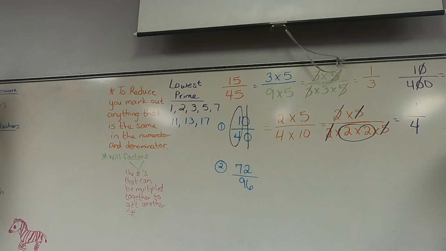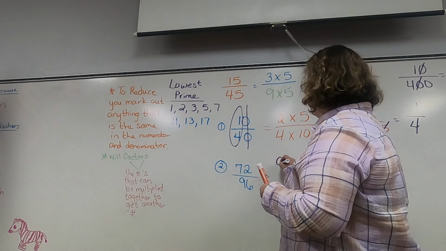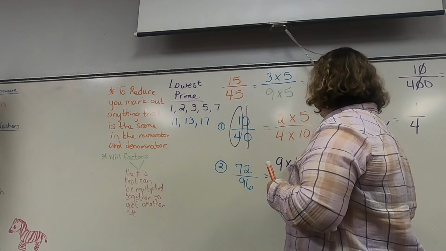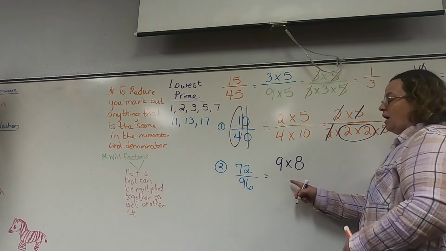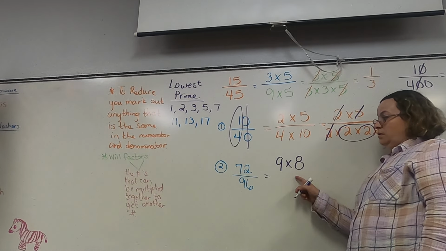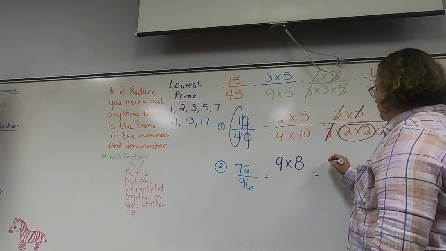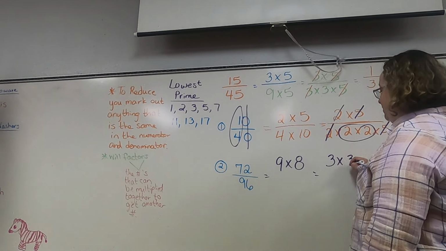Now, the second one. So the top, 72, goes into 9 times 8. I got to break these down again, don't I? 3 times 3 is my 9.